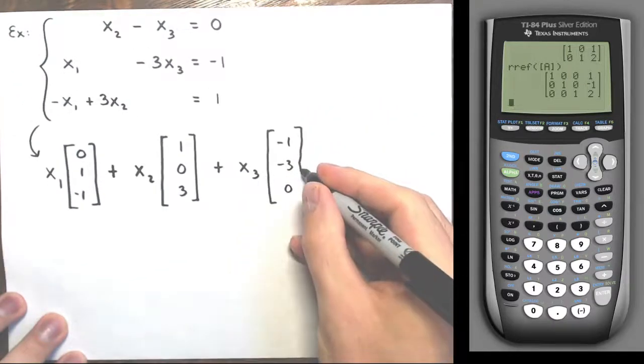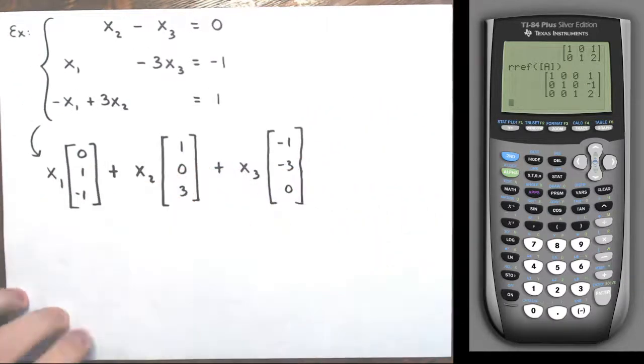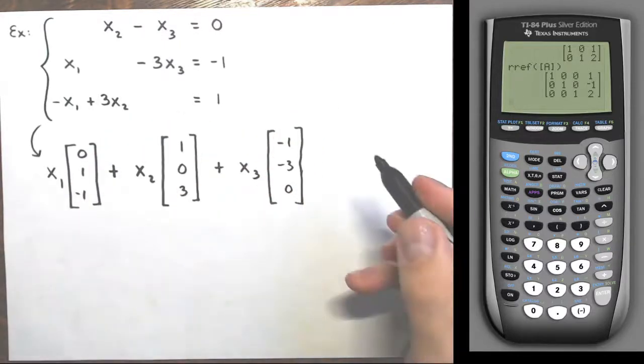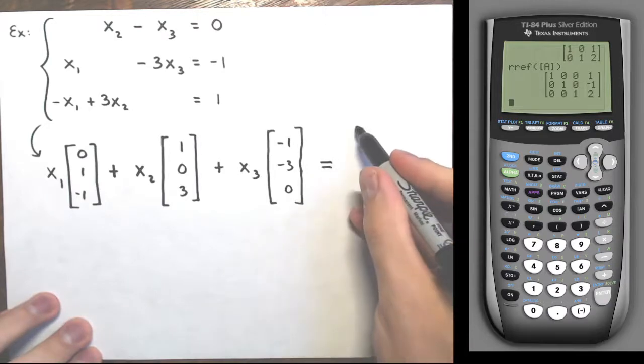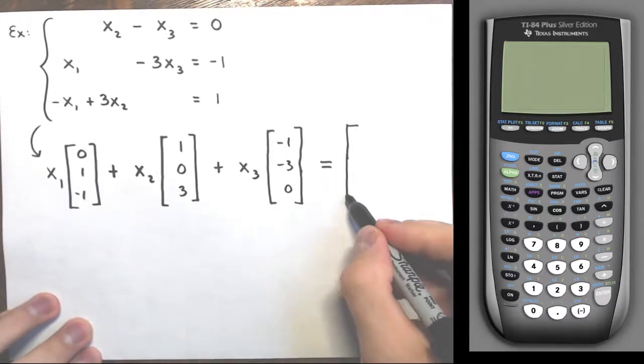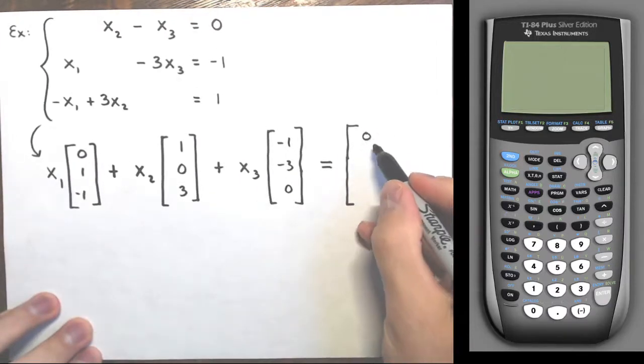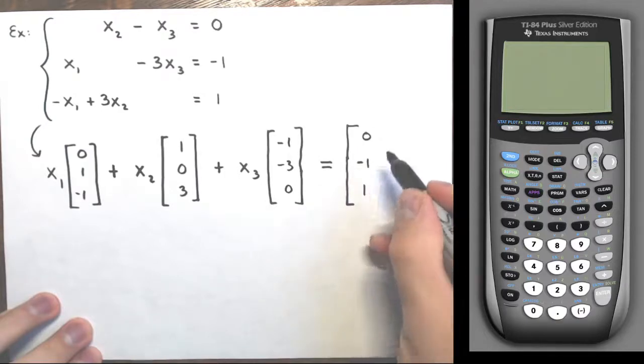These would be the columns of the coefficient matrix if you wrote it as a matrix equation, equal to the constant vector on the other side, 0, negative 1, 1.